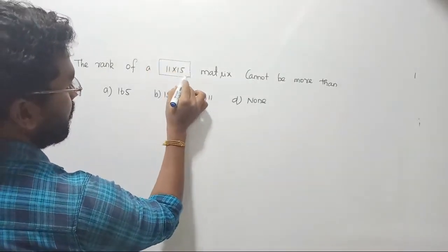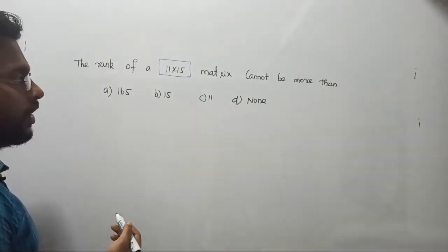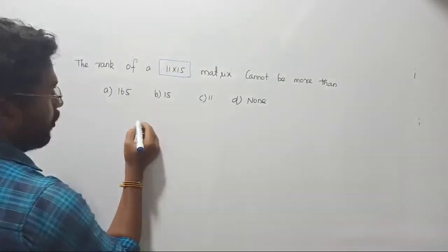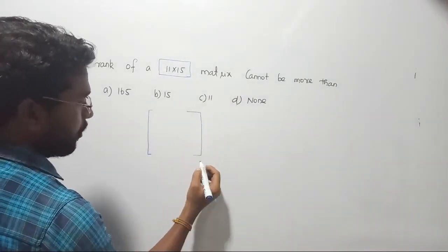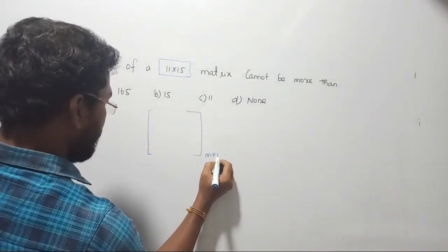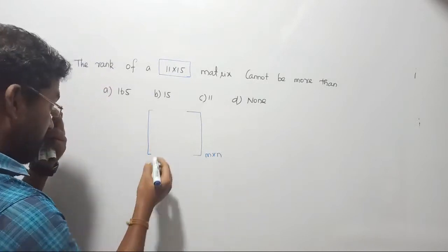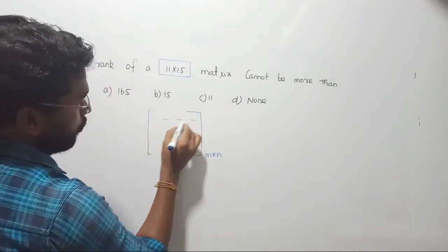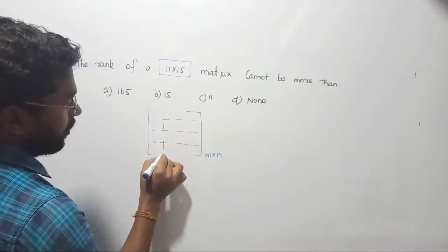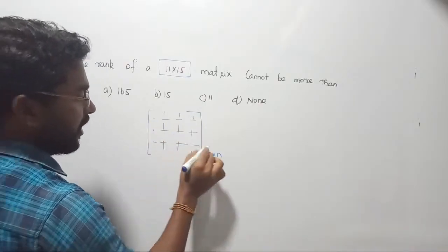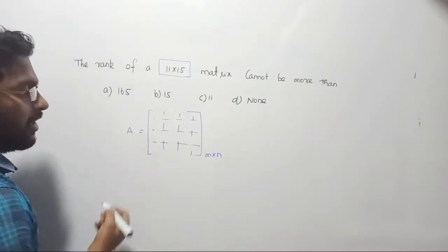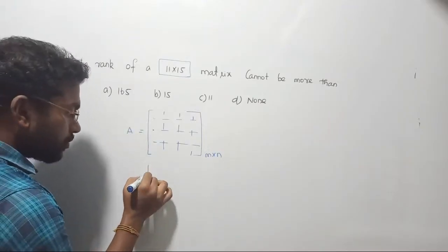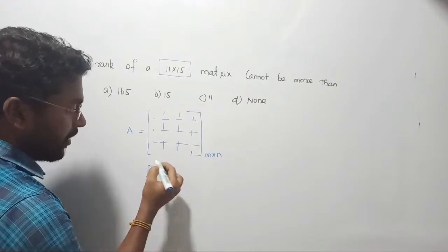Let me select a matrix with some number of rows and some number of columns. Let me generally write an M cross N matrix; its order is not known. That is, there are M rows and N columns. Let me call it matrix A. Now what will be the rank of the matrix?